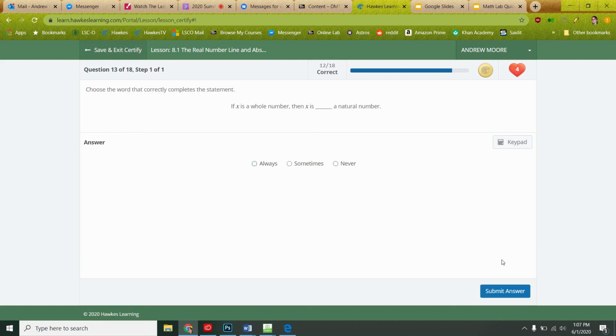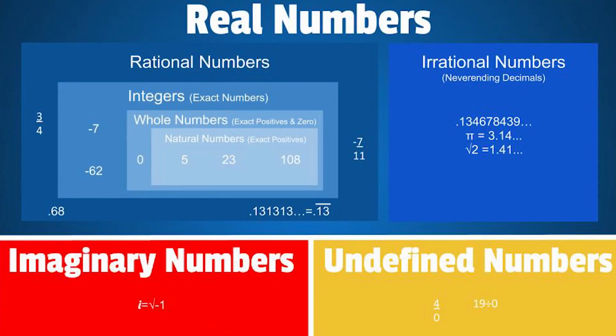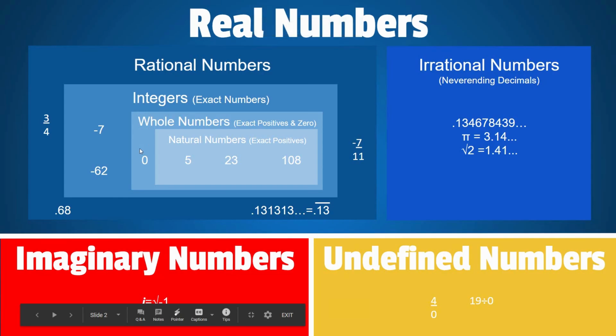This one says if x is a whole number, then it is, and it's either always, sometimes, or never a natural number. So let's take x and let's plug him in our little chart. So it says that he is a whole number. So if he falls in right here, right? Now whole numbers actually take up all of this box.